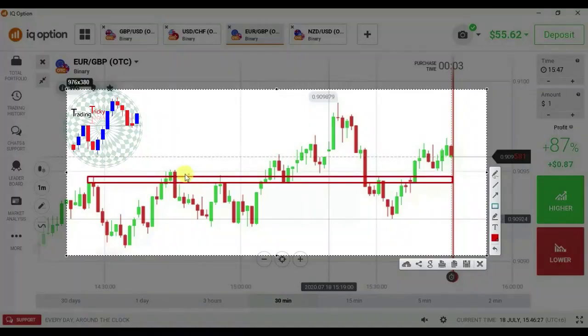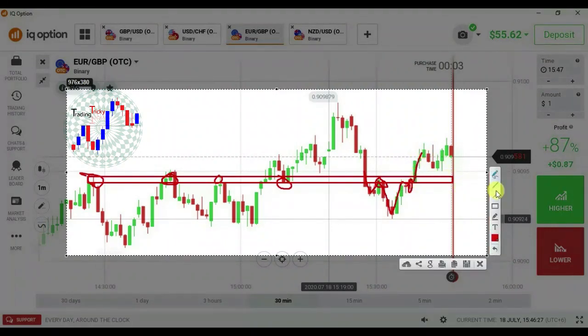You can see this level is respected here, and here also. It was respected on the breakout, but respected again. We can see respected breakout and retrace, then sellers' entry. Again it got resistance, but there is no strong sellers, and we can see buyers.